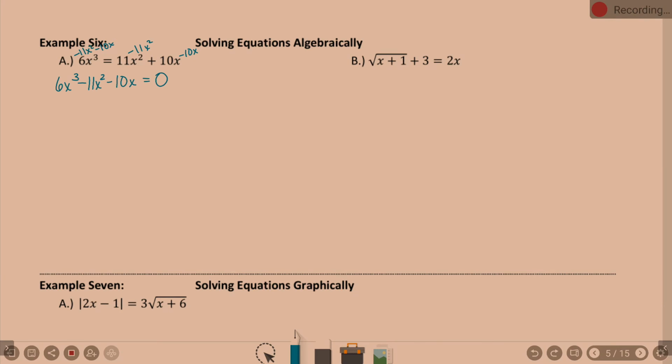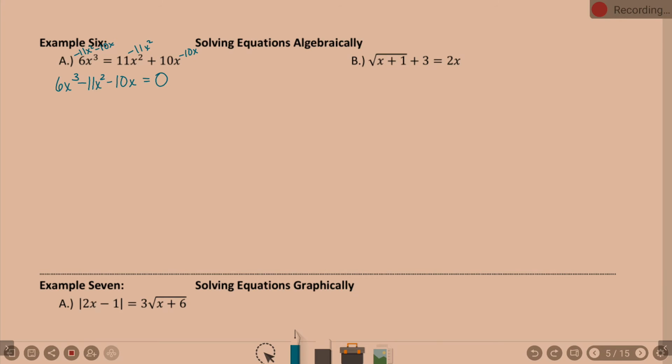Yes? Now, do we know where to go from there? Okay. Do we have a GCF? Because if we've made this equation equal to 0, my first plan is going to be to try and factor and see if it works. So always ask yourself about a GCF, especially when you see something like x cubed. Because if we can factor out an x, we can get down to x squared and maybe have some hope.